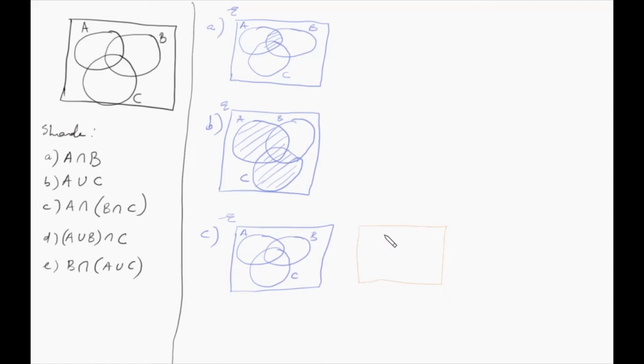Let's say A, B, and C. Now, what do we do? What we do here is this. We are going to look for A. Set A is here.